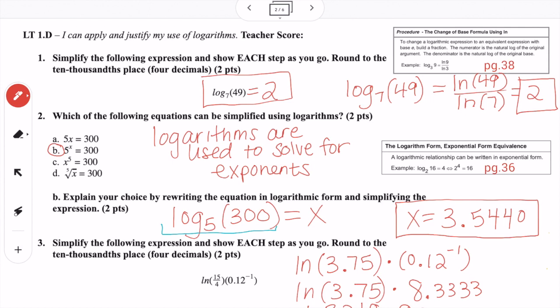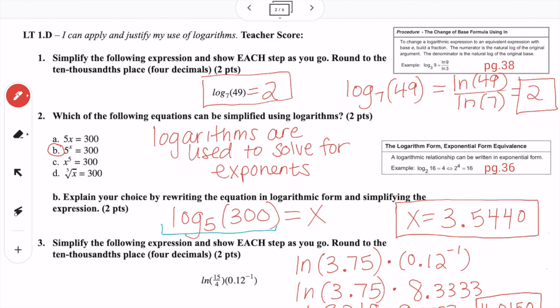And now that we've simplified the natural log, we can do the last step, which is to multiply. My answer is 11 point. We're not dealing with great numbers here. But when I round to 4 decimal places, that would be my final answer of 11.